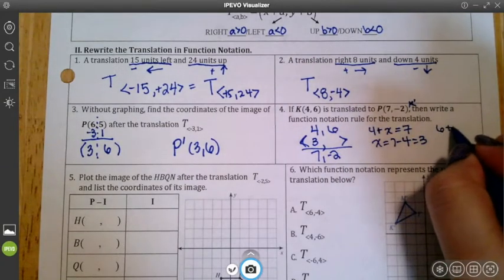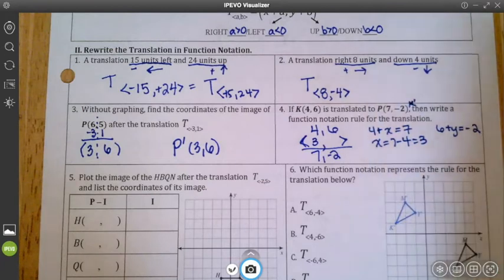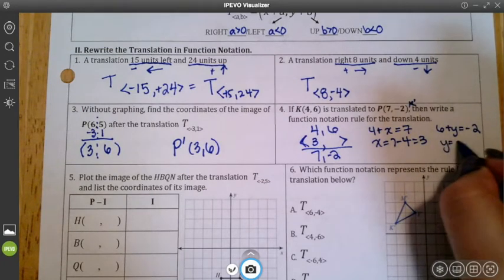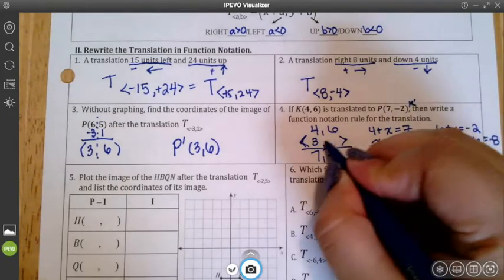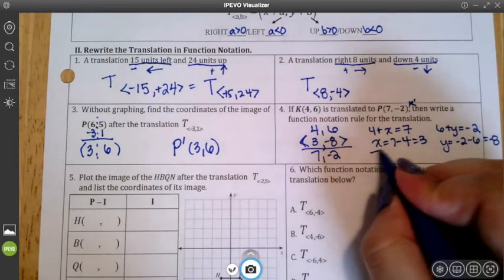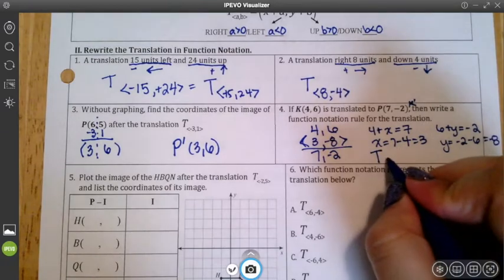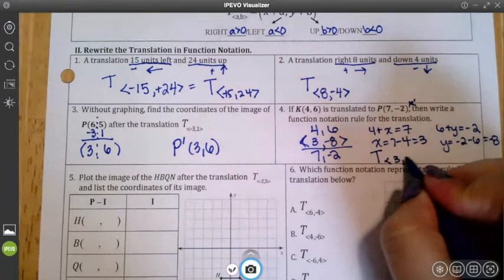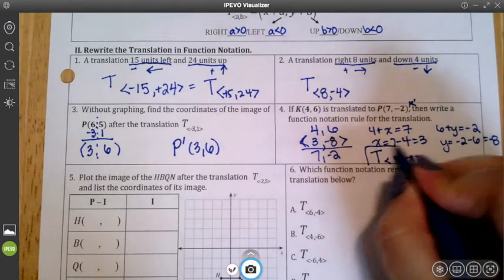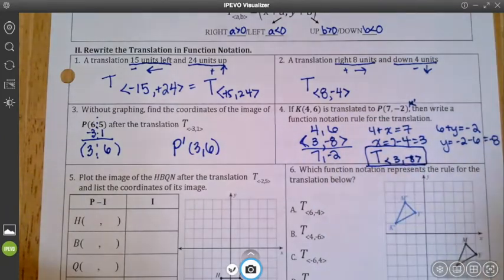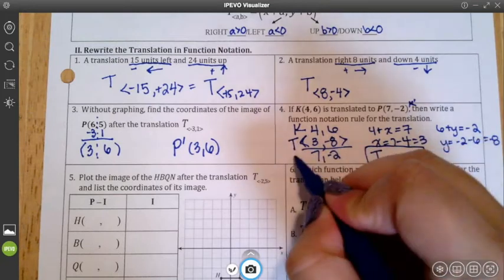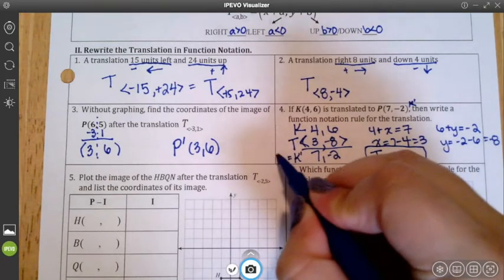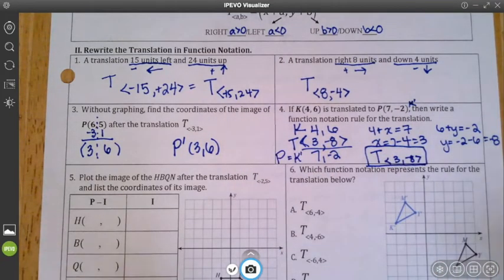That means negative 2 minus 6, which is negative 8. And so our transformation is T subscript <3, -8>. So we have the point, we have the transformation, and we have the new point, which in this case had an also new name called P.